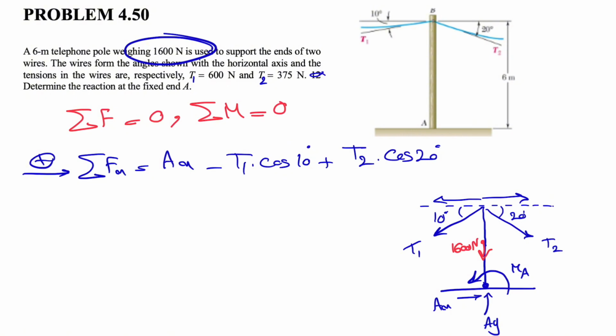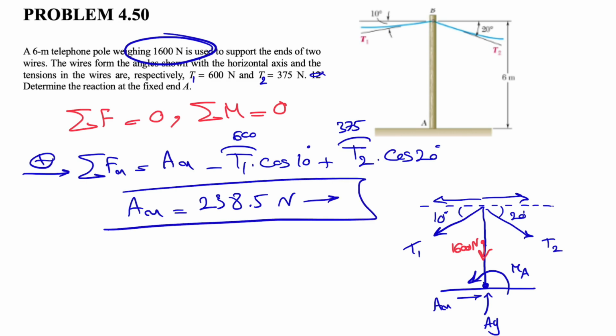We know T1 is 600, we know T2 is 375, and we are left with only one unknown, which is Ax. And there we go, we have 238.5 Newton for Ax, no negative sign, which shows our assumption at the beginning for Ax, which was the positive direction, is correct. So one is out, we have two more to go.